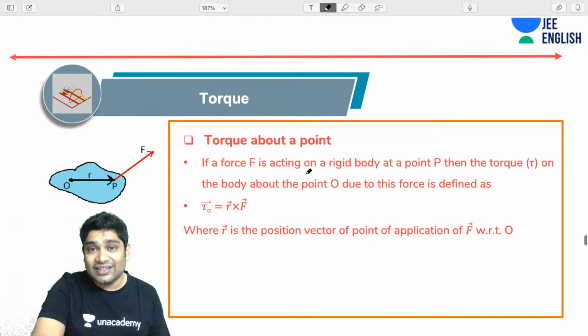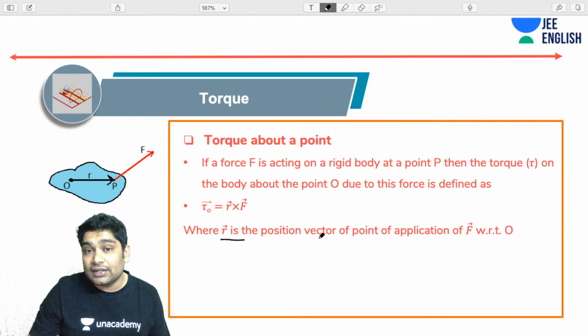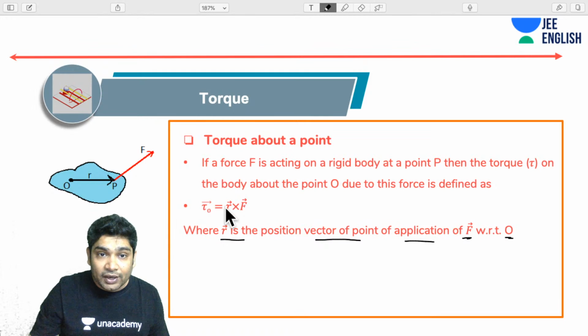So if force F is acting on a rigid body at a point P, then the torque tau acting on the body about the point O due to this force is defined as tau O equals R cross F. Okay, so this is how you define the torque of the force F about O, where R is the position vector of the point of application of force. Please remember that R is the position vector of the point of application of F with respect to O. So whatever point you are calculating the torque about, you have to take R as a vector originating from that point going up to the point of application of the force for which the torque is being calculated.